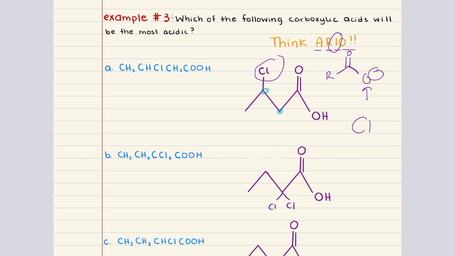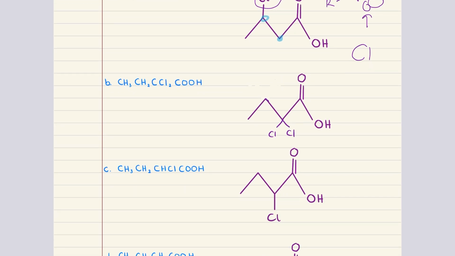We're going to compare that to choice B. In this molecule, there are 2 chlorine atoms that are attached to the carbon directly adjacent to the carboxyl group. This is going to provide a strong inductive effect. Having 2 electron withdrawing groups so close is going to greatly stabilize the conjugate base and therefore increase the acidity.